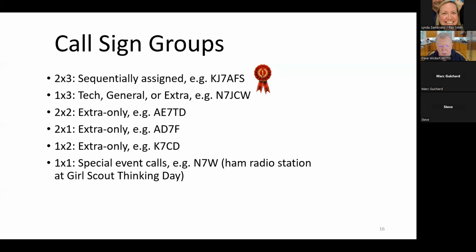So, for example, when we go out to the Girl Scout activities for Girl Scout Thinking Day in, I think it's March, we always ask for the 1x1 call sign of N7W, just as a way of having a special call sign that we can use for that event.